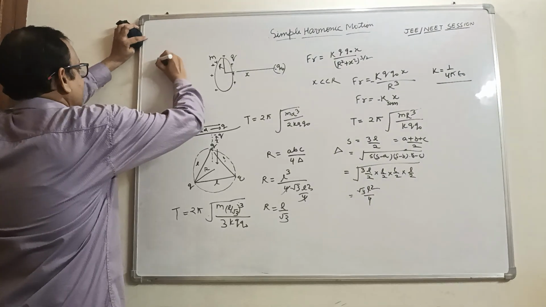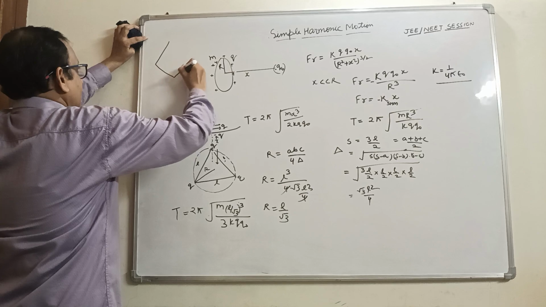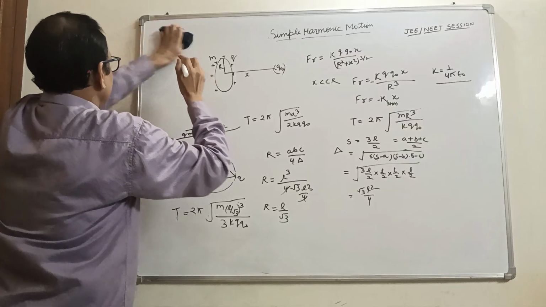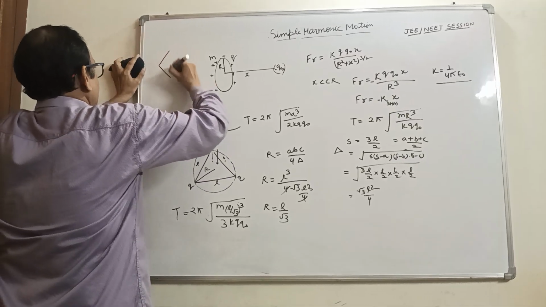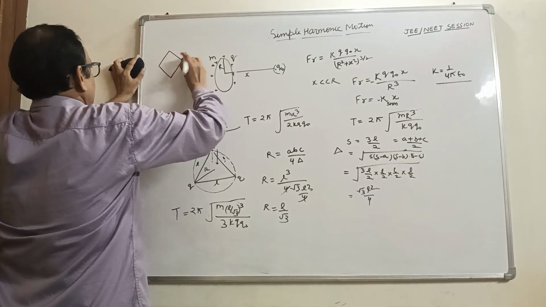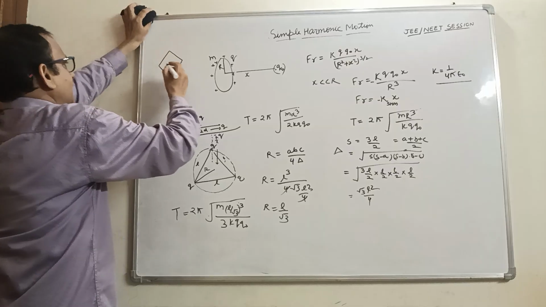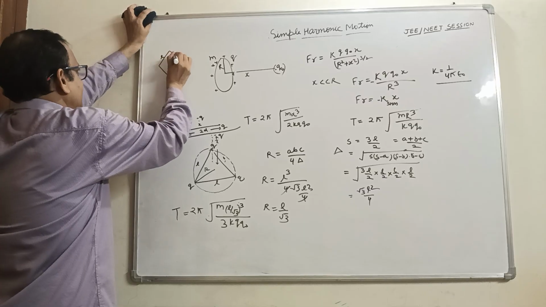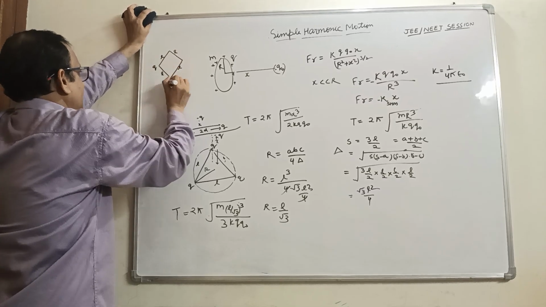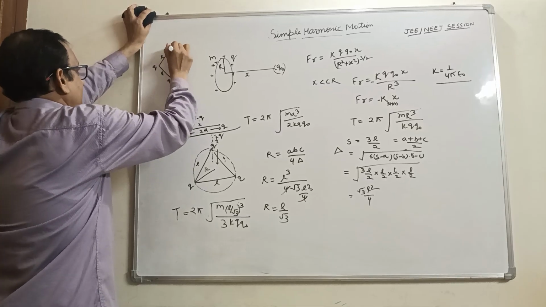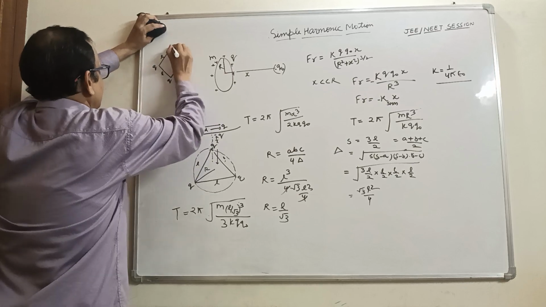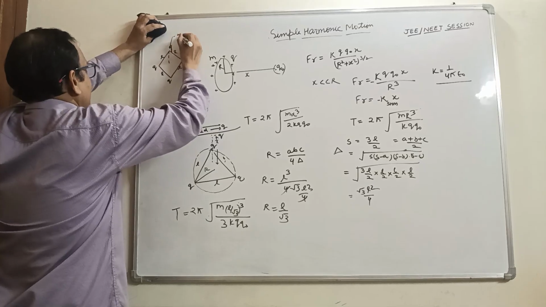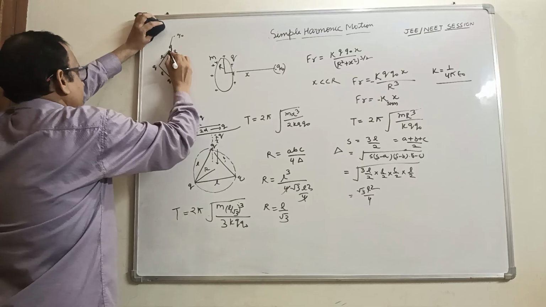Now suppose this is a square shape, each side of length L, and charge is placed at the 4 corners, and we have a minus q charge at the center. If displaced slightly, this charge also does SHM.